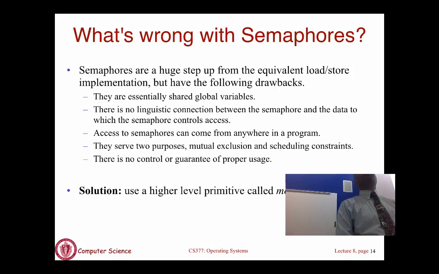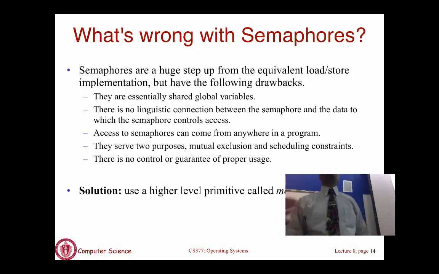Just by looking at the use of a semaphore, you have to look at the code to figure out what it is being used for. And there is obviously no guarantee of proper usage. You can just write buggy code with semaphores. It's much harder to do with higher level constructs. So we want to implement synchronization at a slightly higher level of abstraction, which makes it easier to program.